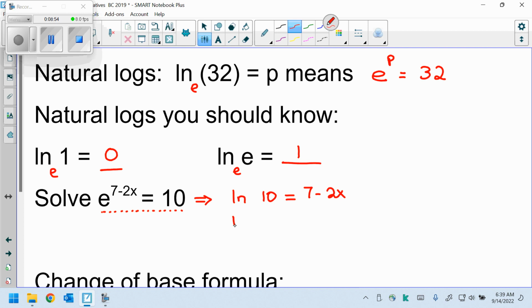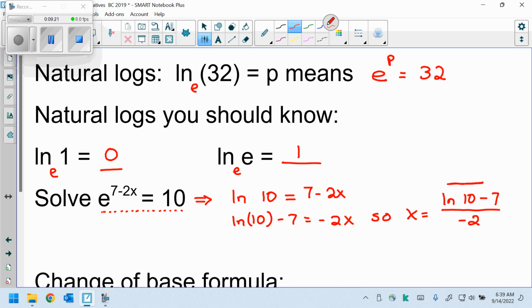So the natural log of 10 minus 7 equals negative 2x. If we solve this for x, x is going to equal the natural log of 10 minus 7, divided by negative 2.